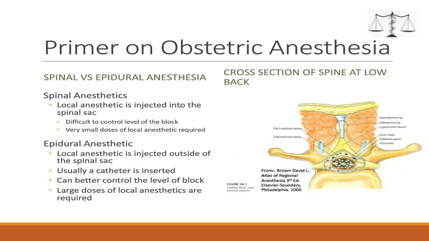Many people, lay people, don't understand the difference between a spinal and an epidural, but I think it's very important for this webinar that you understand that. For a spinal anesthetic, a local anesthetic is injected into the spinal sac. We give a single injection normally. It's difficult to control the level of the block.